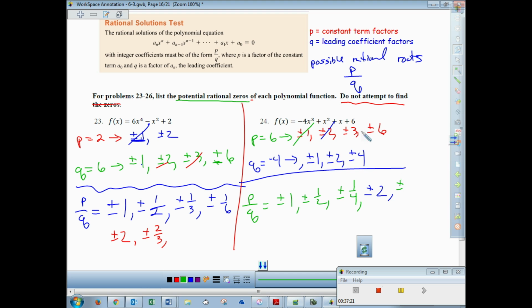Now all the 3's. Plus or minus 3 over 1, I don't have that. 3 over 2, I don't have that. And 3 over 4, I don't have that. One last guy left. See how many you still get. 6 over every single one of those guys.